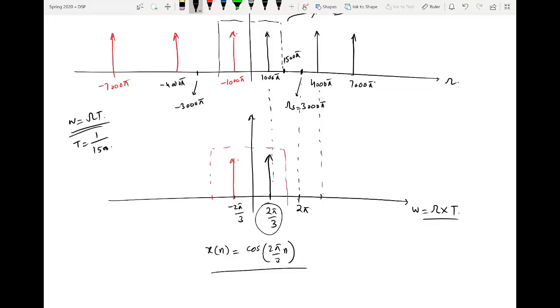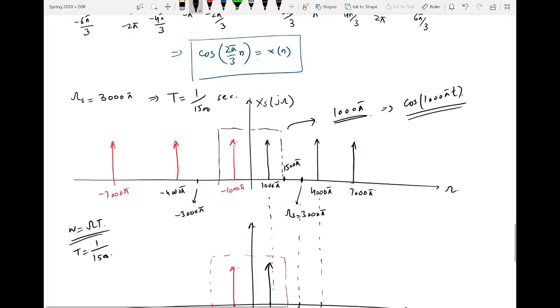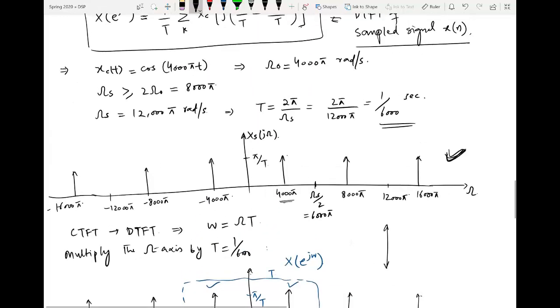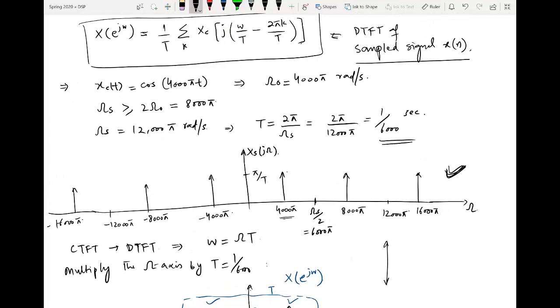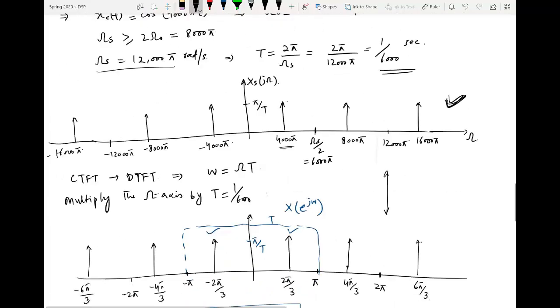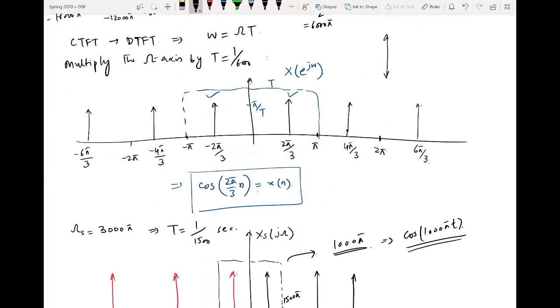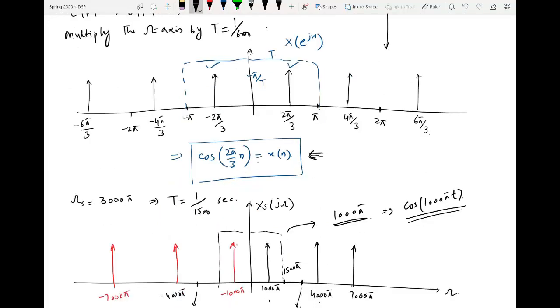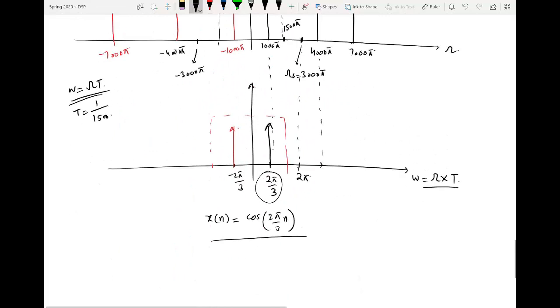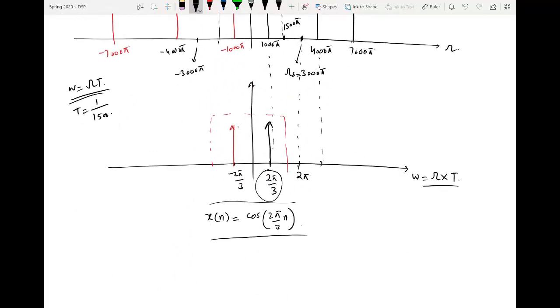that due to aliasing, different sampling frequencies can result in the same frequency discrete time signal. Because you should note that in the previous case, when we selected the sampling frequency of 12,000 pi, the resulting discrete time signal was cos 2 pi by 3 n. And when we selected omega s equal to 3000 pi, in that case also we ended up with the same signal, cos 2 pi by 3 n.